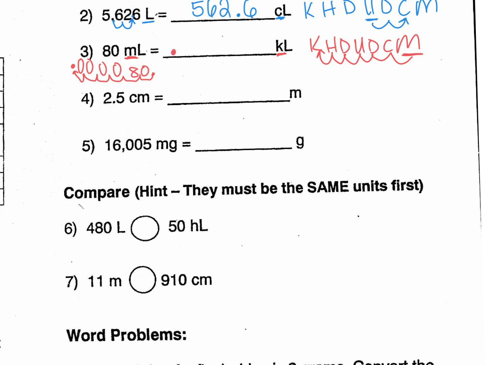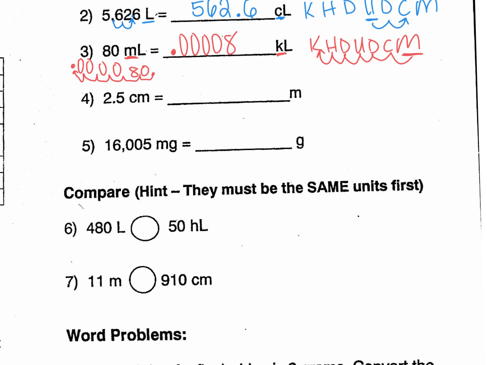So my answer is going to look like this, 0.000008. The way that you read that is 8 millionths. So this is my tenths, hundredths, thousandths, ten thousandths, hundred thousandths.